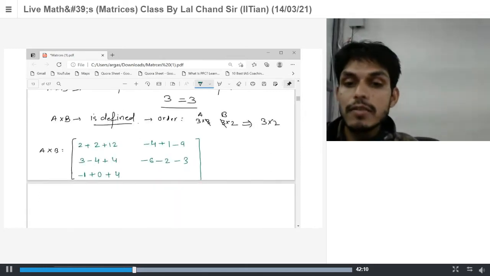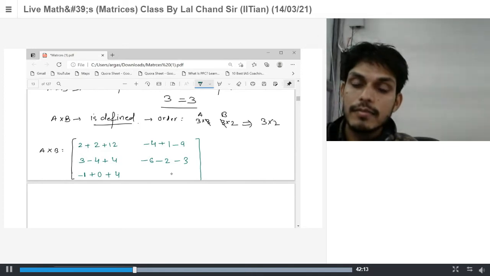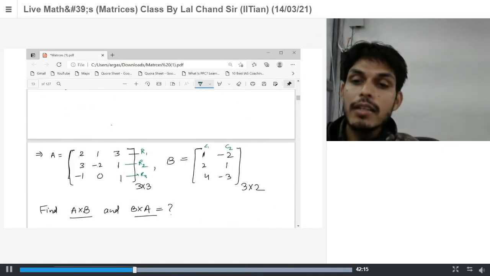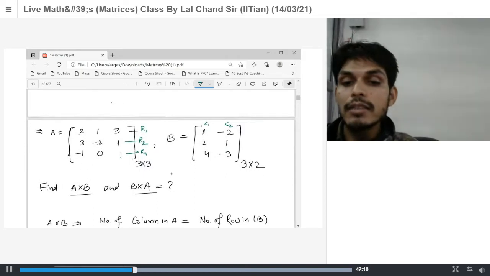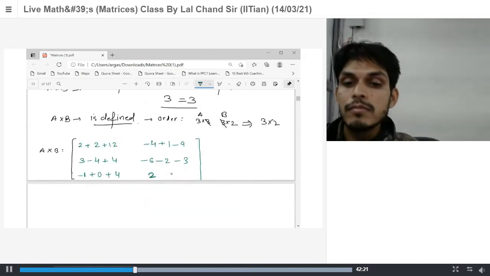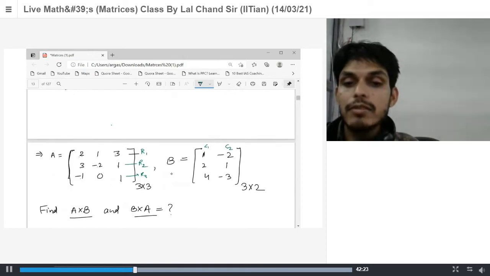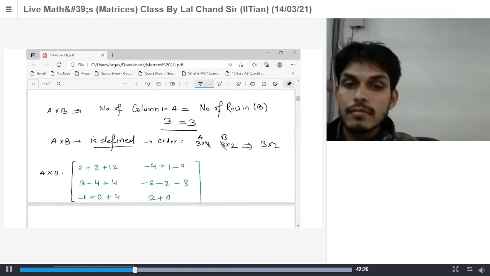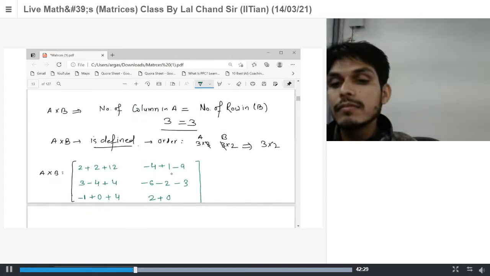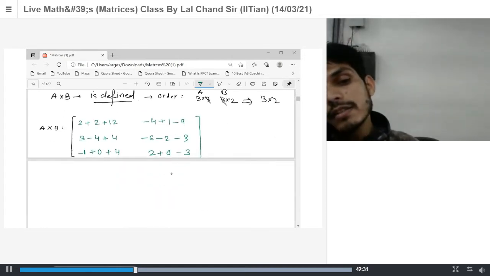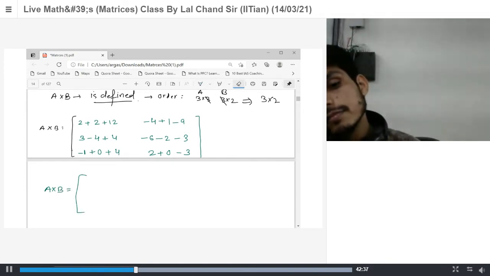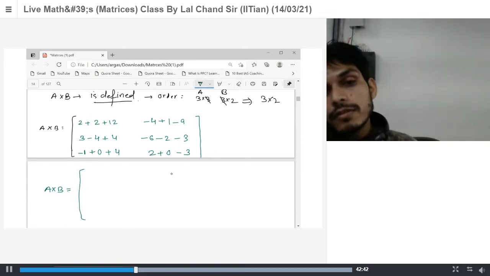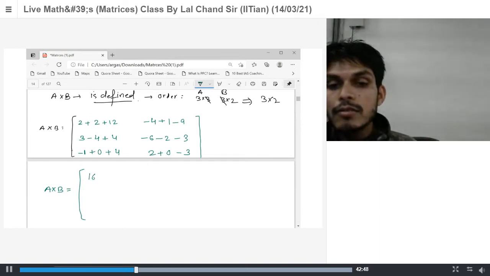Okay. So what is the value of this element? This is R3 and C2. So we have minus 1 and minus 2, that is plus 2. 1 into 0, 0. Minus 3. So now after simplifying this, we have A cross B value as 4, that is 16, that is 13, so minus 12.